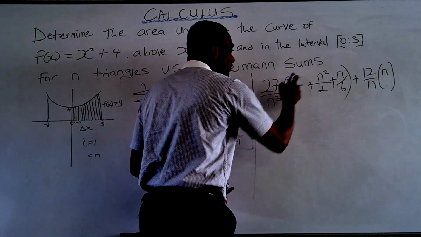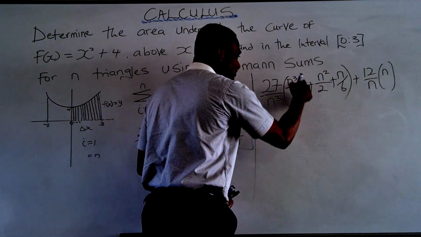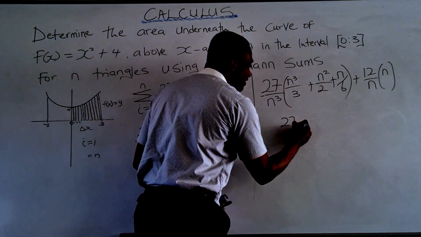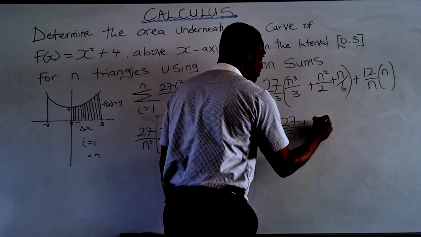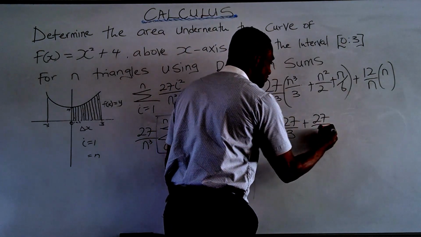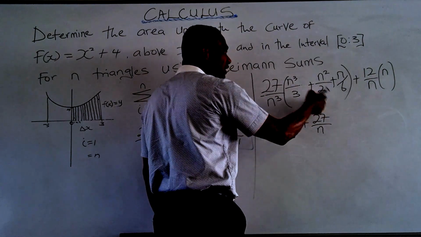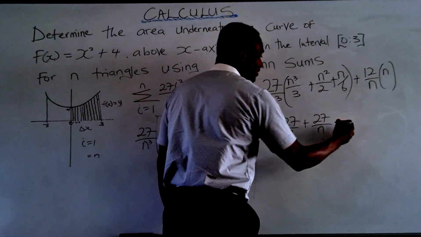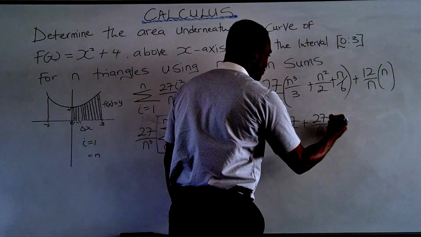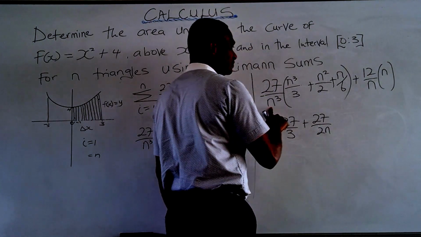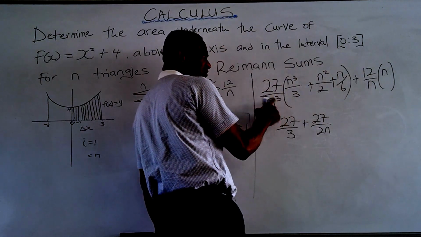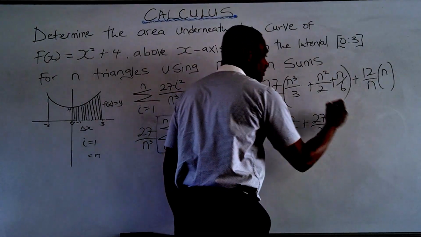So here let's simplify. 27 times the first set will give us 27 over 3. 27 times this plus 27 over 2n squared. Remember, we are doing distributive. Okay? 27 over 2n, because n squared will cancel, we are left with 1n.